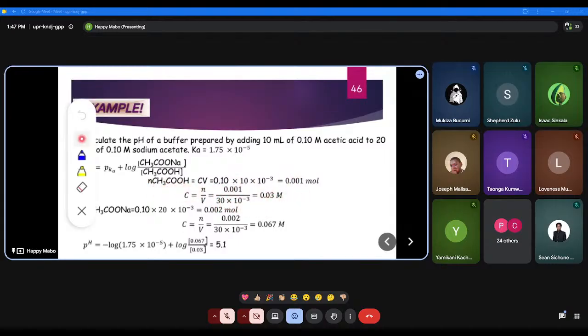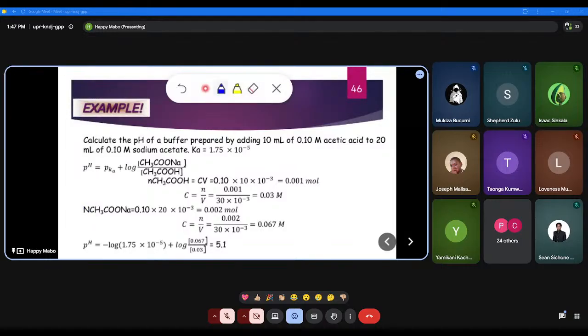So when you find the number of moles of this sodium acetate, okay, sodium acetate, that should be small letter n here, not capital letter N. Kindly just make that slight modification for me.